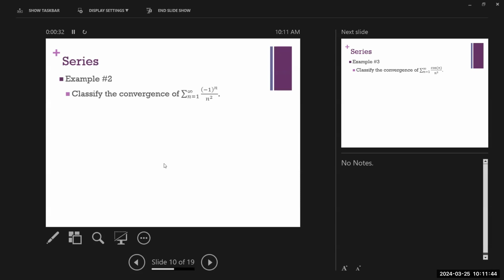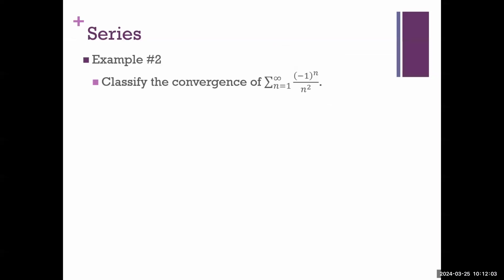You have a lot of freedom in what order you choose to attack these. So I'll let you all decide. Do you want to look at this series as written or the absolute value of it? Probably going to have to look at both, but another way to say this, do you want to look for absolute convergence first or conditional convergence?